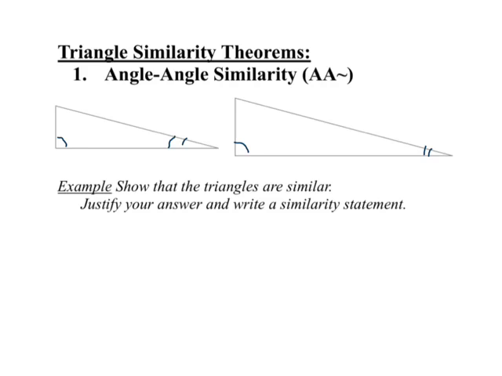So the angle-angle similarity theorem says that if two angles of one triangle are congruent to two angles of the other triangle, then the triangles are similar. Okay, so if we called this triangle 1 and triangle 2, we could say triangle 1 is similar to triangle 2.